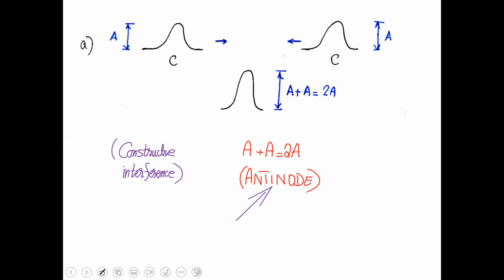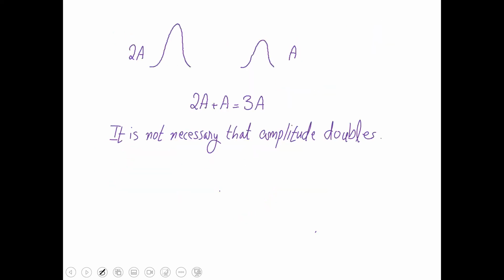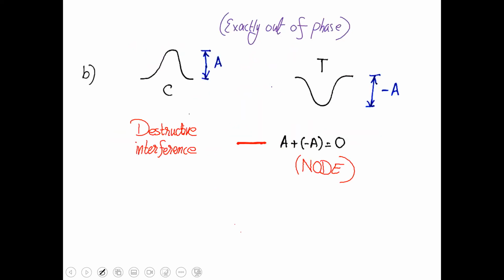An antinode is a point of maximum amplitude. So let's make our third concept for today: when waves meet constructively, they form an antinode. Amplitude increases. It is not necessary that the amplitude always doubles. Maybe one is 2A and the second is A, so the result is 3A, but it is still constructive interference.